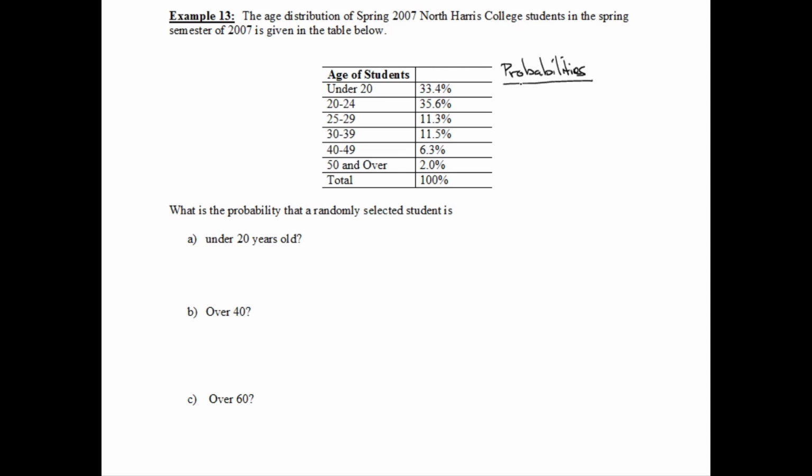What's the probability that a randomly selected student would be under 20? We'll just convert that percentage to a decimal, so you get 0.334. For this one, what will we get? 0.356, 0.113, and so on. So the probability that a randomly selected student is under 20 is 0.334.